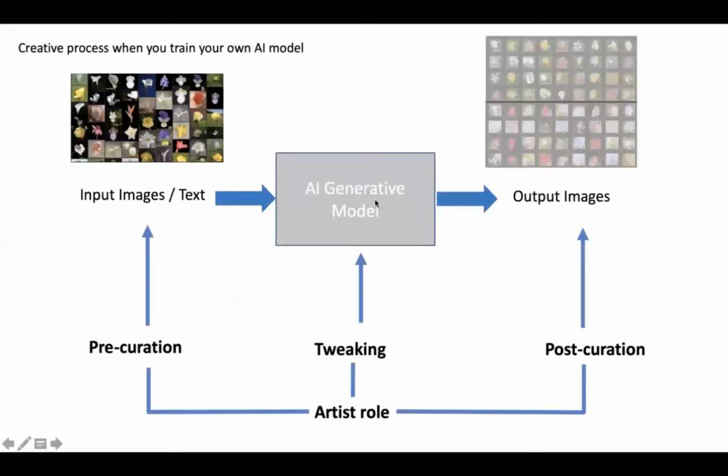In the early days when you were using GANs, that was a very complicated process, because the artist has to pre-curate a collection of images, choose the GAN model and tweak the parameters, generate lots of images, and post-curate these images. So it was a totally involved process where the artist really is in control of the whole process.